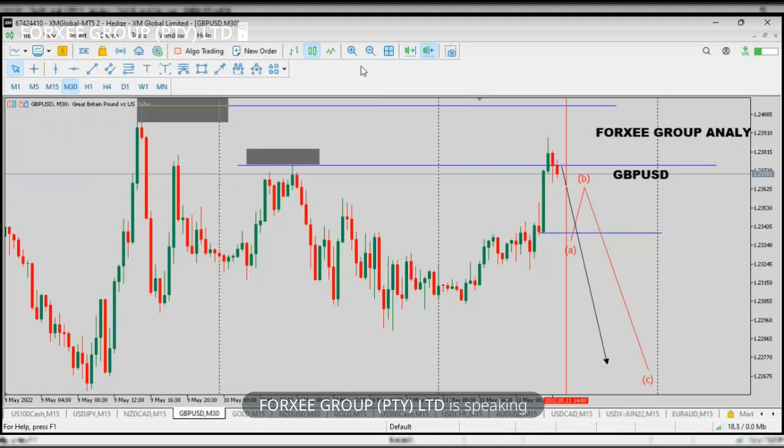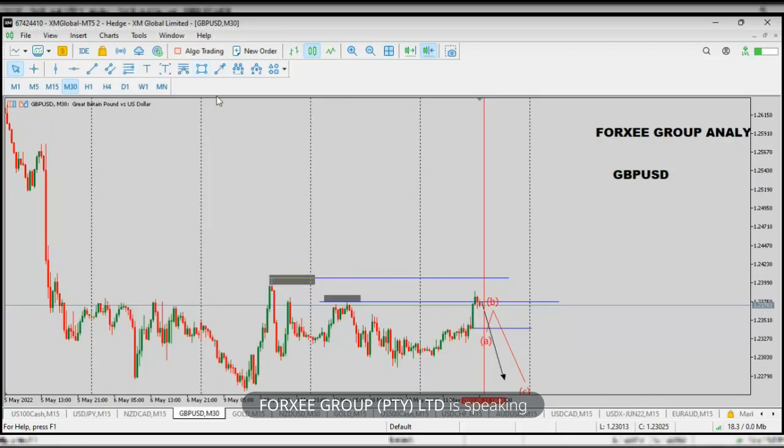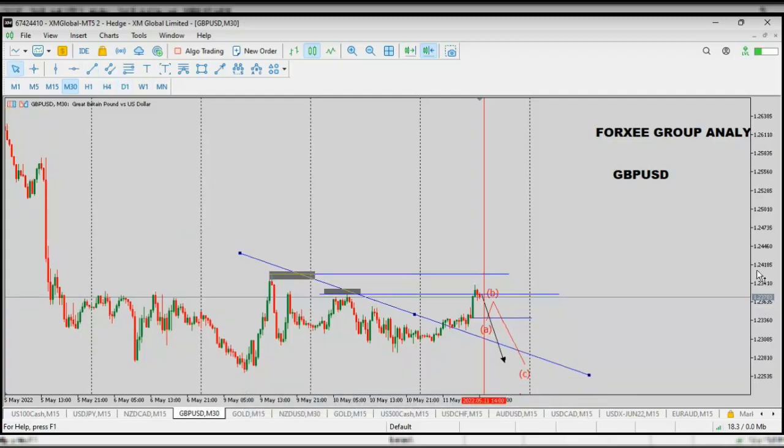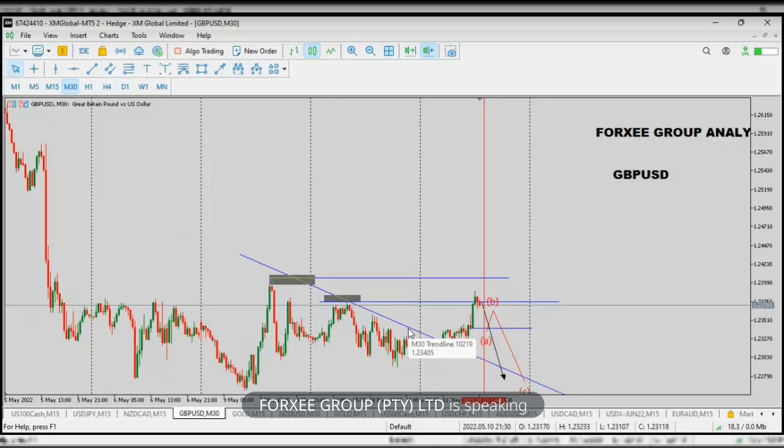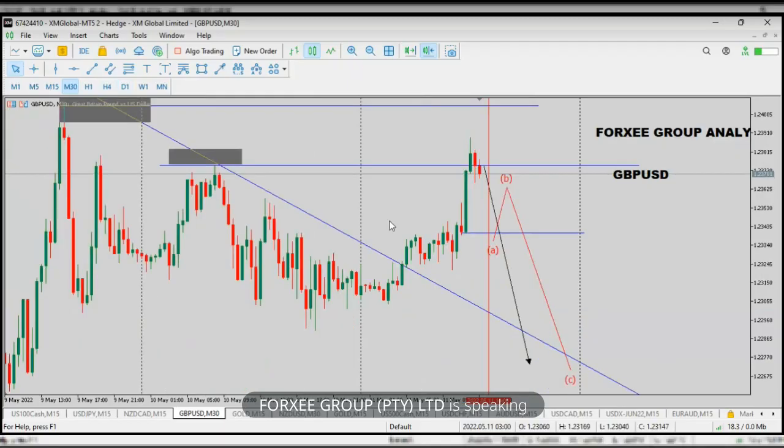Let me show the idea. So by the time the market is going down like this, that's what is happening. What does the ordinary trader think? The trend line trader is seeing this as a breakout. Focus.